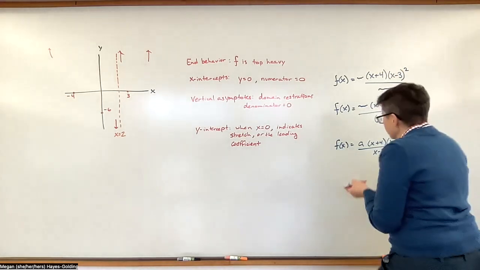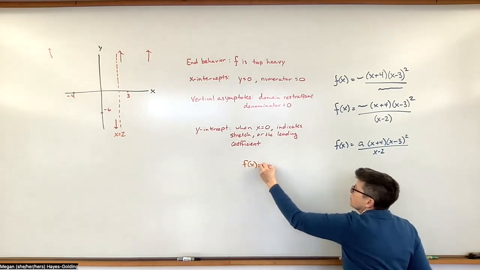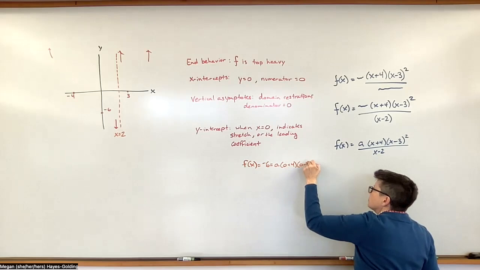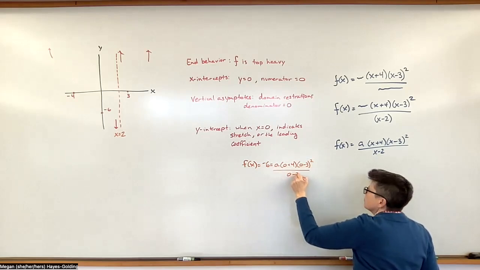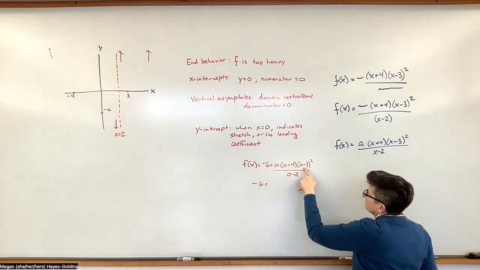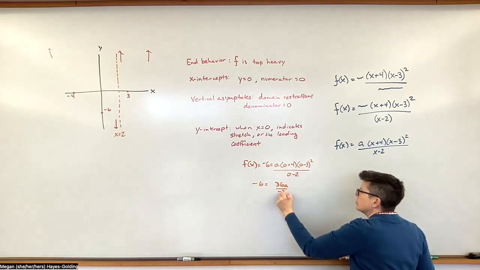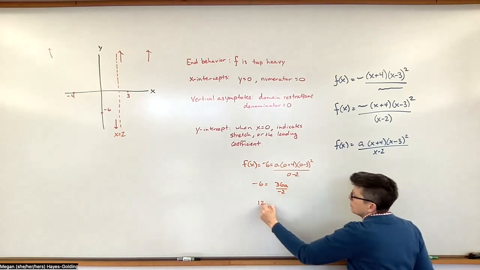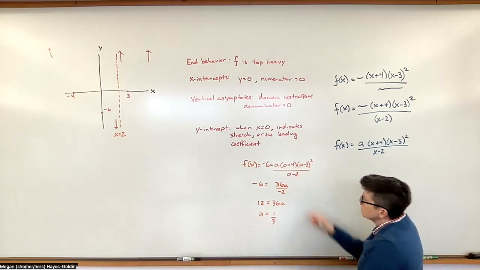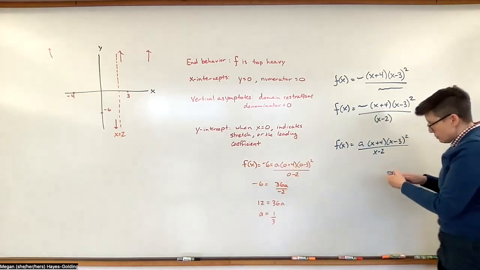So let me go ahead and do that over here. Now, according to my algebra here, the a value is 1/3. So I can rewrite the function, and I think it's done.